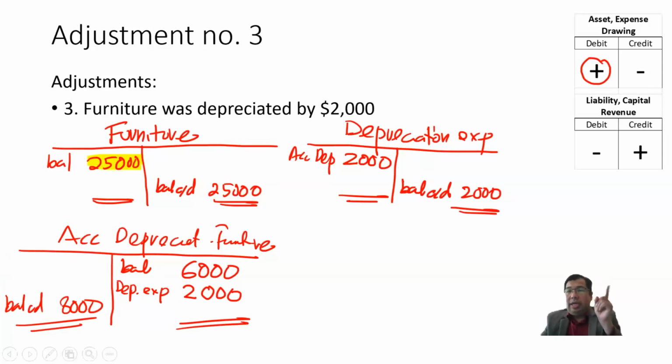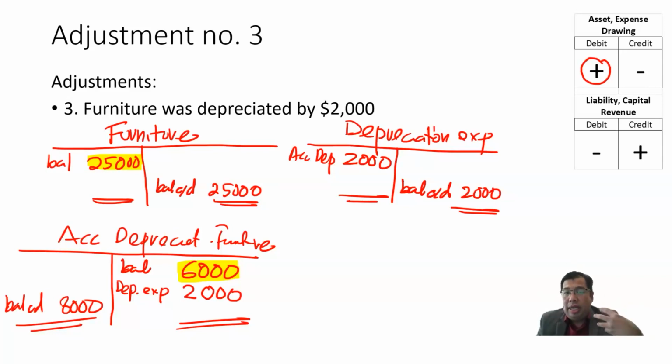When we purchased the asset, the cost of the furniture was 25,000, and we already calculated the accumulated depreciation, which is 6,000. So by comparing your asset and accumulated depreciation, you know that the net book value for furniture is only 19,000. And this year, you need to provide additional depreciation of 2,000.